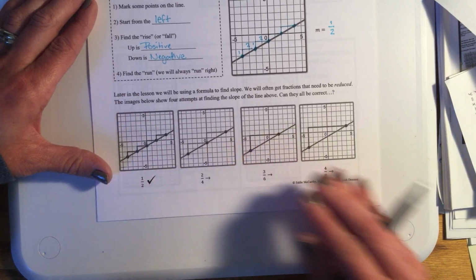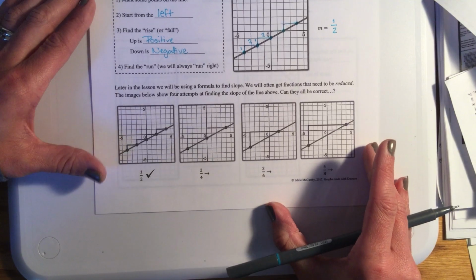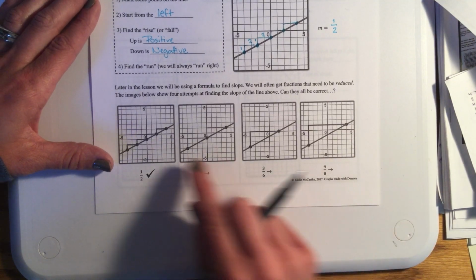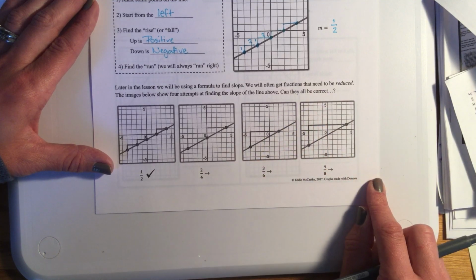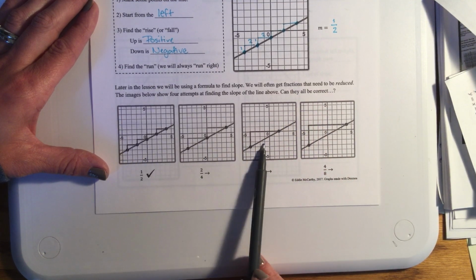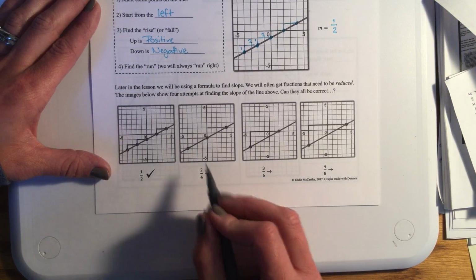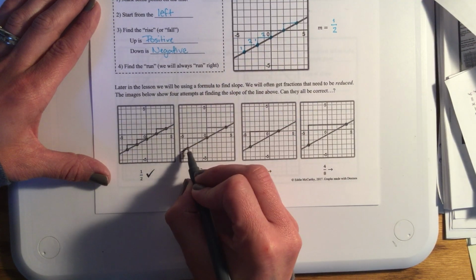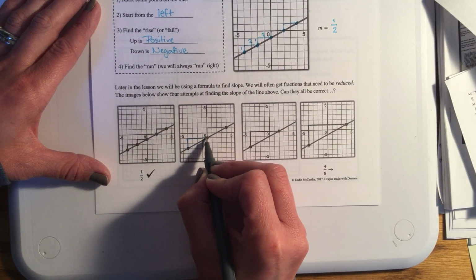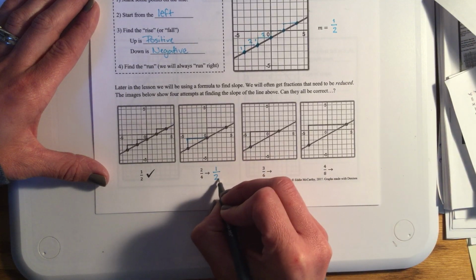So later in this lesson, we will be using the formula to find slope. We often get fractions that need to be reduced. The images show 4 attempts at finding the slope of a line above. Can they all be correct? Well, if you look here, all 4 lines look the same, don't they? So this one, up 1 over 2, just like we did here. This one is up 2 over 4, but what is 2/4 reduced to? 1/2.